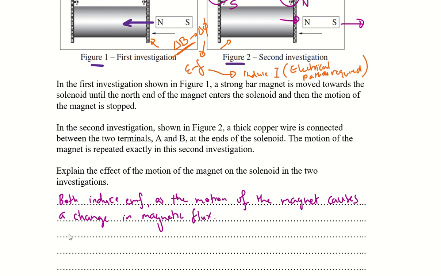Okay, the important thing to note is though, only figure 2 will generate a current, as it has copper wires.